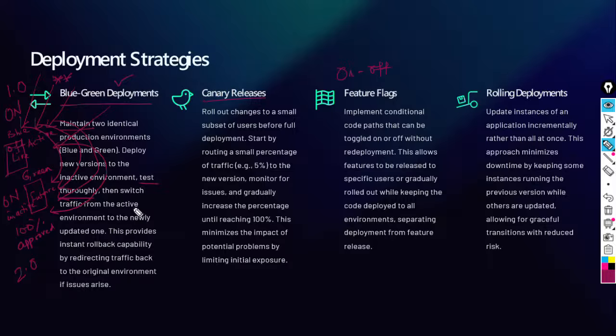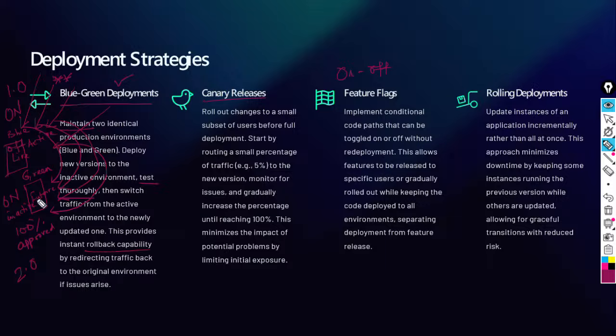They continue their operations without knowing that the system has already been upgraded. So then switch the traffic from the active environment to the newly updated one. This provides instant rollback capability.